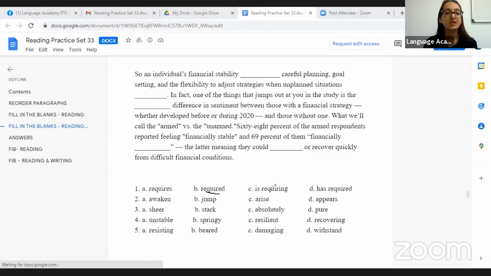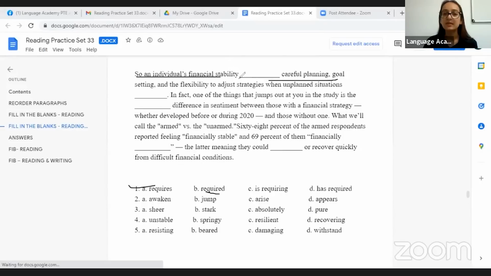Financial stability is requiring means at this time it is requiring or has required. So the first statement is a fact, and facts are always written in simple present tense, it is a rule. So financial stability requires careful planning today, tomorrow, yesterday. If you want financial stability, you will have to plan. So it's a factual statement.